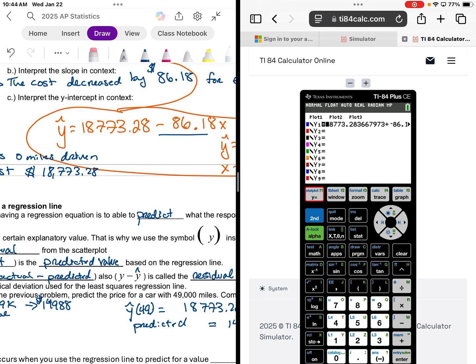So I'm going to hit second quit. And this is the nice feature when you store an equation in for one of the Y1s. If I press alpha trace and press enter on Y1, and then I do parentheses 49, what I'm telling the calculator to do is take the Y1 equation, put 49 in for the X. That's what I'm telling the calculator to do.